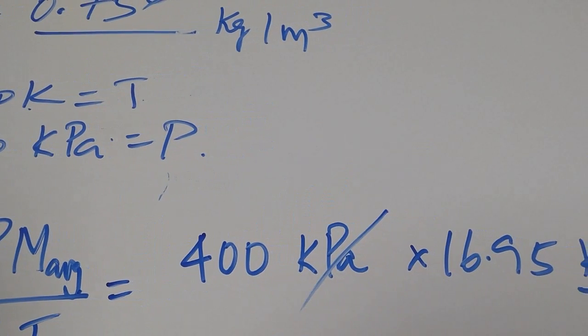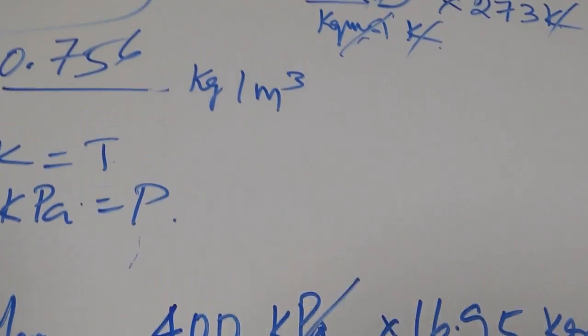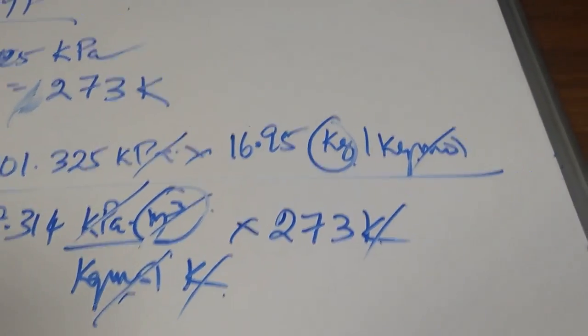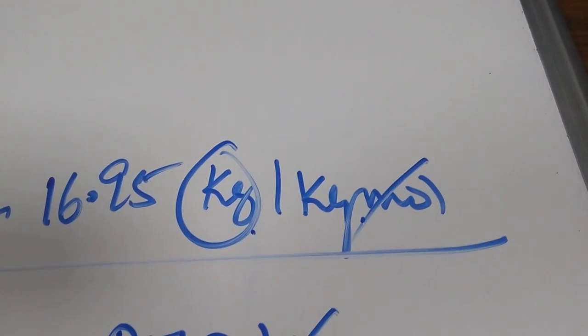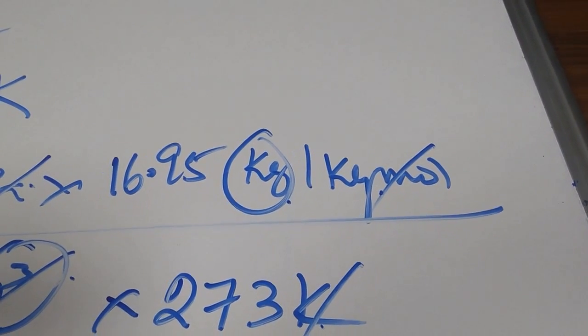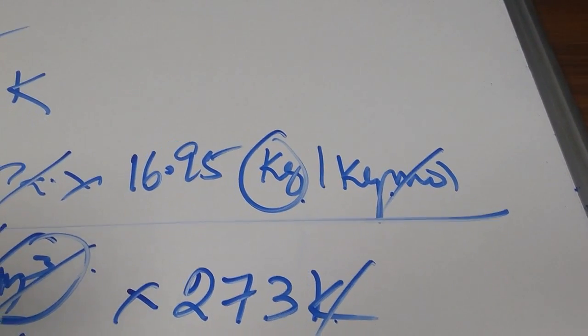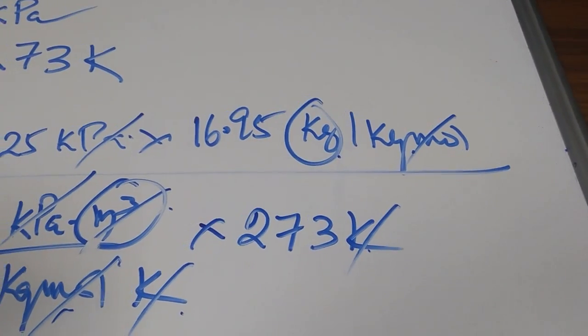And remaining E and F part. E part is average molecular weight, which we have determined already. The answer for E part is 16.95 kg per kg mole: total mass by total kg moles. And the last part is composition in weight percentage, which we have already done in the table.